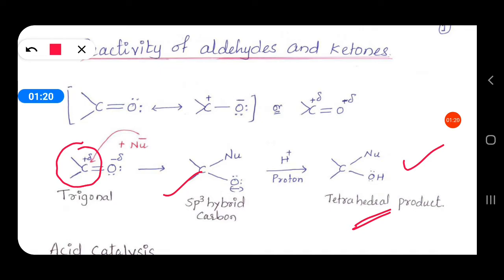In this, carbon is attached to two groups, one is R and another one is R dash. R and R dash may be hydrogens, alkyl groups or aryl groups.